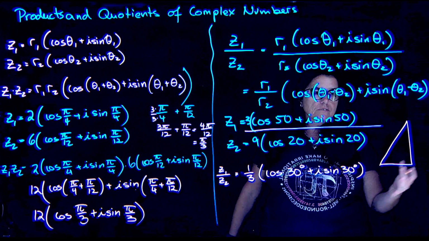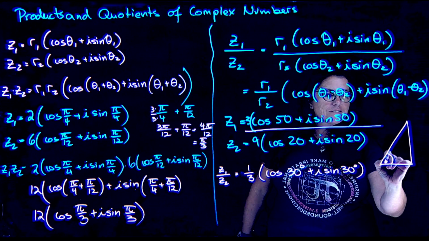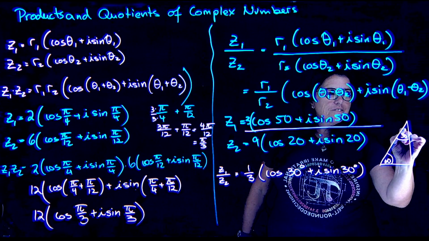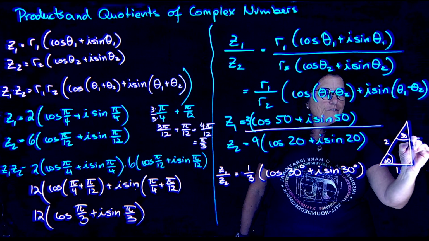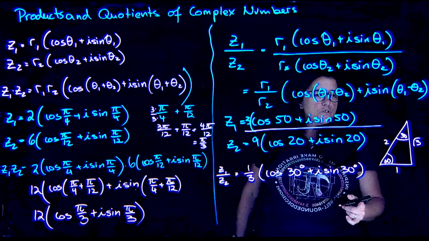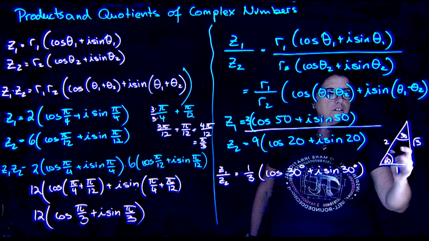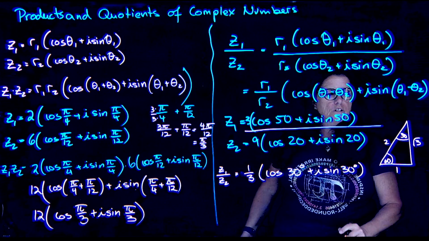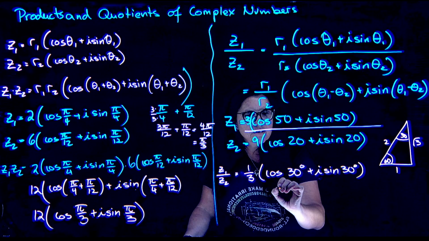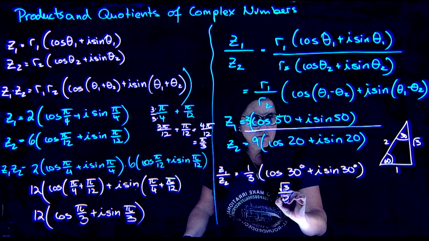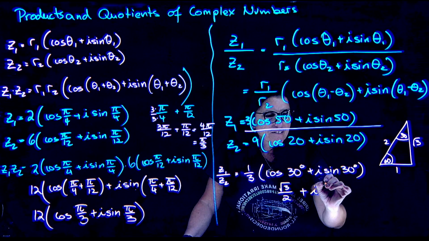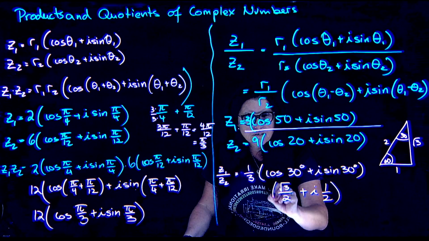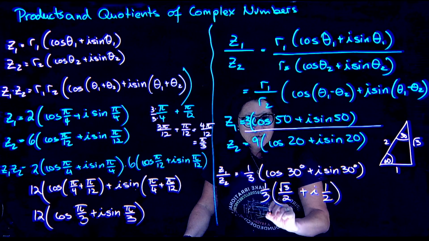What better way than to look at a triangle? 30, 60, 90, 1, 2, square root of 3. The cosine of 30, adjacent over the hypotenuse, is the square root of 3 over 2. The sine of 30 is 1/2, and all of it needs to be multiplied by 1/3.